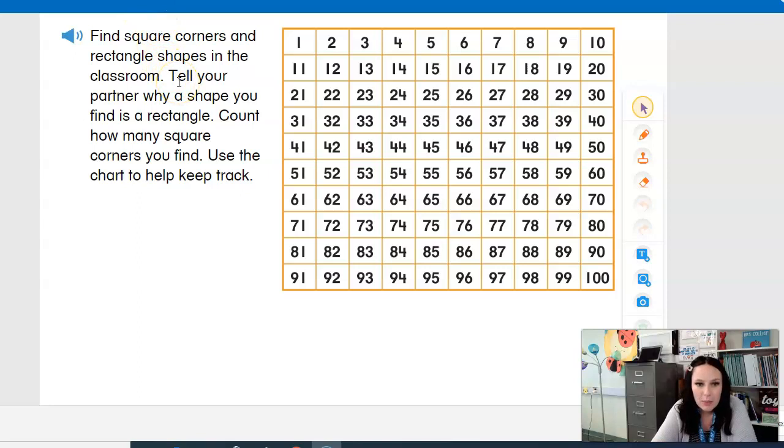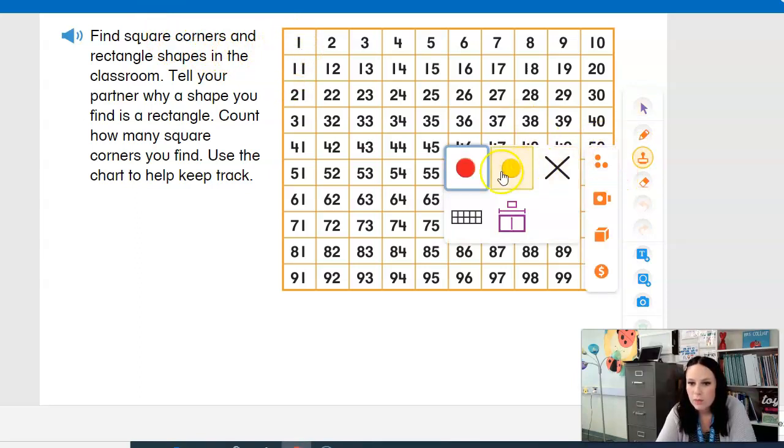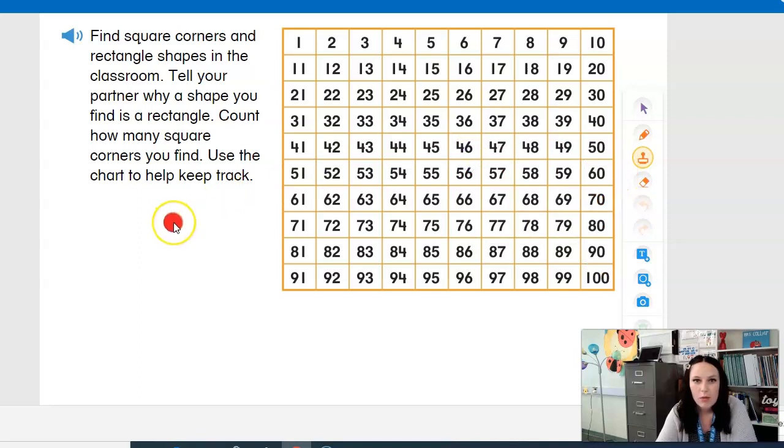So, it says to tell a partner, so I'll just tell you guys. It wants us to find square corners and rectangle shapes. And then when we find the square corners, it wants us to use this number chart over here to count how many corners we find. Well, before we get started, we talked about squares last time.